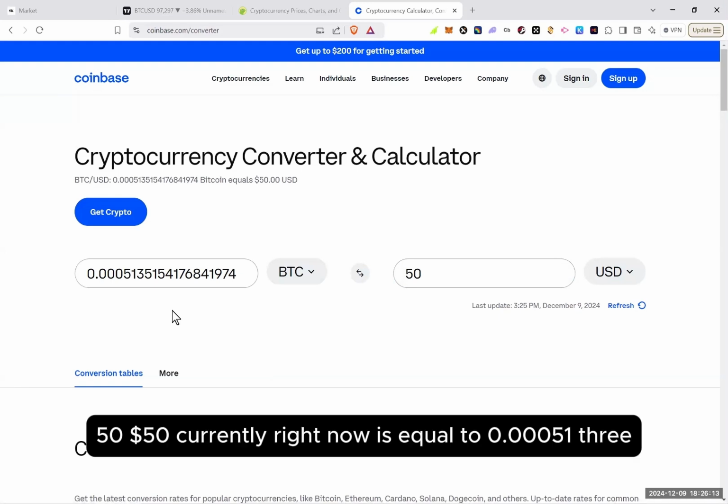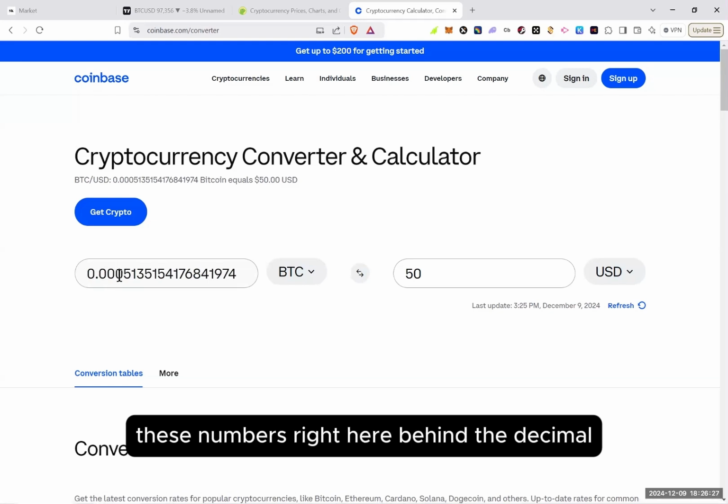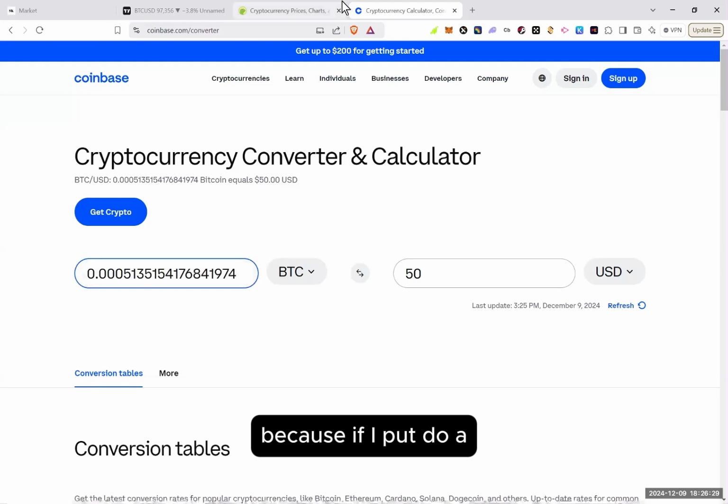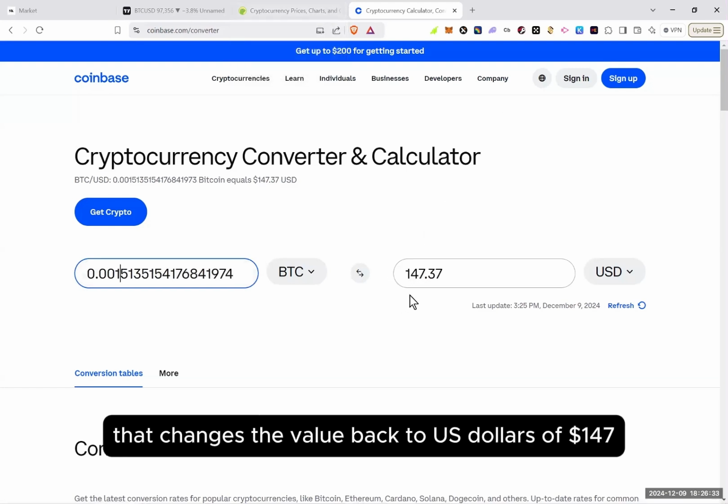So 50 US dollars currently is equal to 0.000513, et cetera. This is what's important, these numbers right here behind the decimal, because if I make a mistake and put a 1 right there, that changes the value back to US dollars to $147.